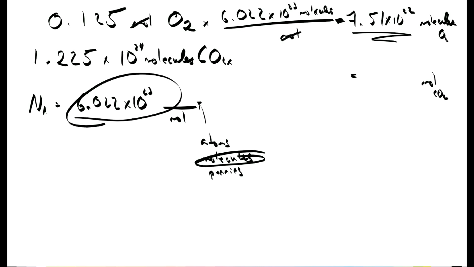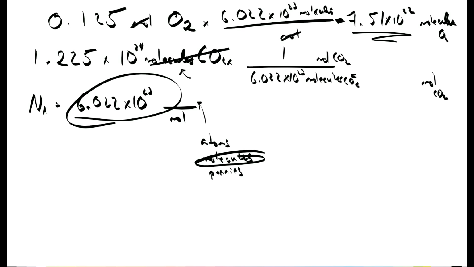Well, we're still going to be using Avogadro's number, but now we have molecules, we need moles, so moles needs to be on top. And 1 mole is equal to 6.022 times 10 to the 23rd molecules of CO2. So molecule CO2 goes away. We're left with moles.